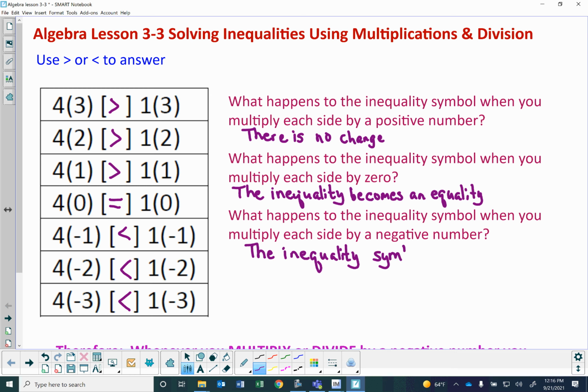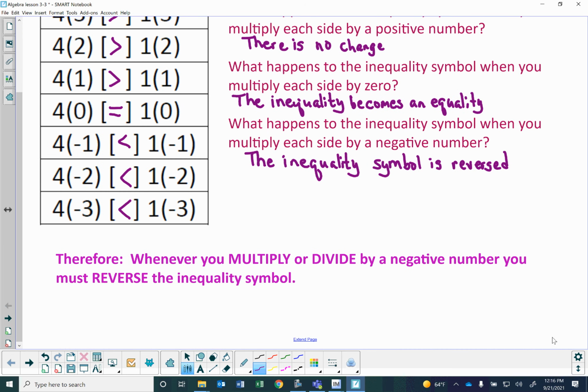This leads us to a general statement about inequalities. Basically that means that if you multiply or divide by a negative number, you must reverse the inequality symbol. Now this only works with multiplying or dividing by a negative number, not if you get a negative answer. That's very important and a good thing to pay attention to.